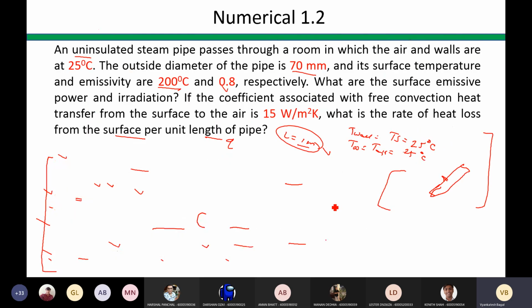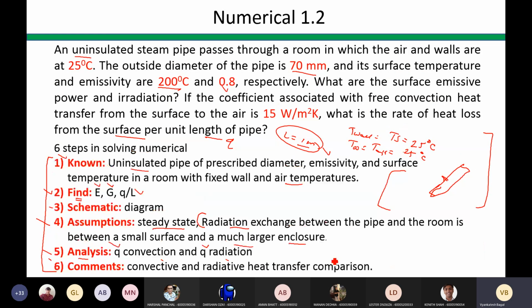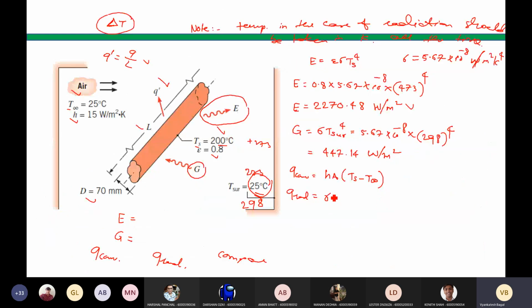You have noted it down from the previous slide, no? So this is flux. Q will be A into sigma epsilon (Ts raised to 4 minus T surrounding raised to 4). Correct? So find out these quantities.